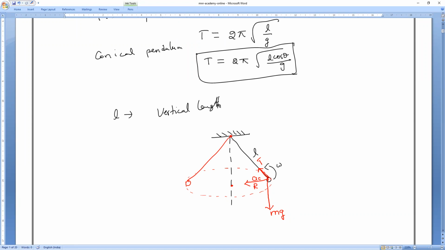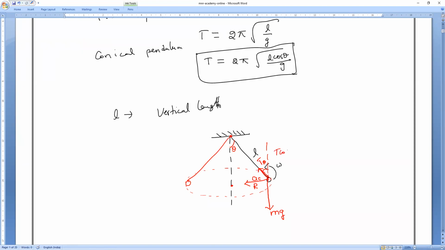Now, as we know, here it is making theta. Observe very carefully. If here is theta, then here also it will be theta. Yes or no, guys? The angle. If I imagine a vertical line here perpendicularly, here also it will be theta. So if you imagine the tension, what will come here?